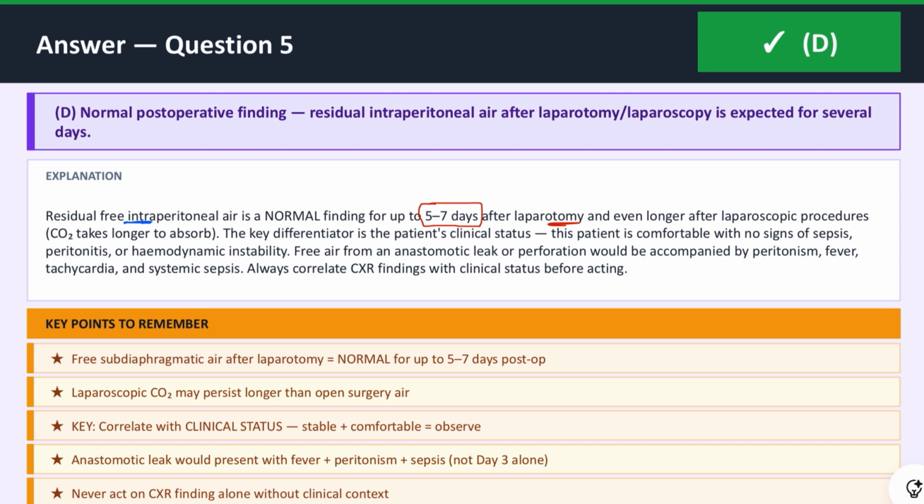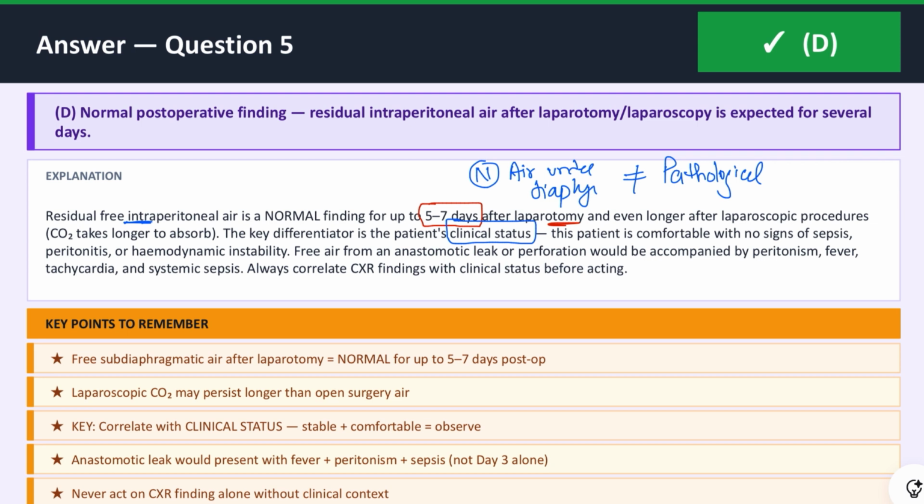Now, how will you differentiate this normal air under the diaphragm from the pathological air under the diaphragm? So how can you differentiate? The main thing that will help you differentiate is the clinical status of that patient.